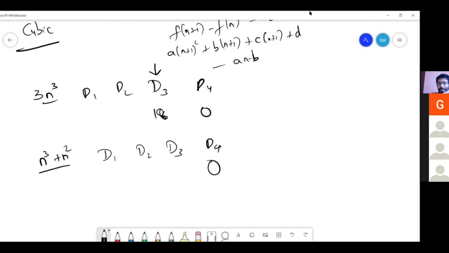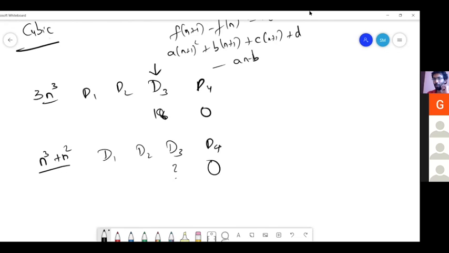Others, are you able to see why? You can actually work it out. So if you have n cube plus n square, what can you tell about D3?